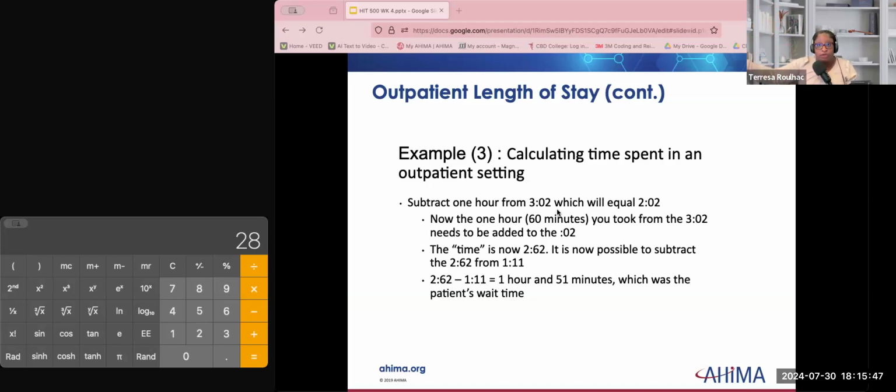From 3:02 to 2:02 is 60 minutes, right? We just subtract 3:02 minus 2:02, and we know that's 60 minutes, okay? Because we're talking about hours versus just regular calculations, so keep that in mind. Now the time is 2:62, right? It's now possible to subtract the 1:11 from 2:62.